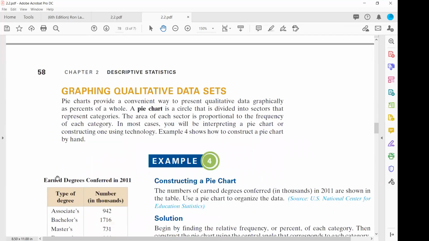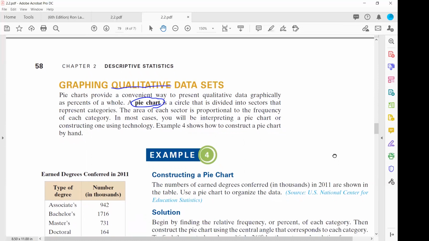Very well. I expect you to ask: so far we talked about numerical data, numerical values. Now, what if we have categorical data? What if we have qualitative values? In this case, you can use something called a pie chart.